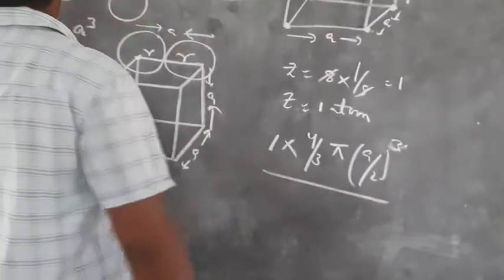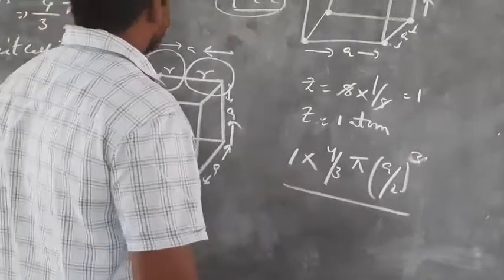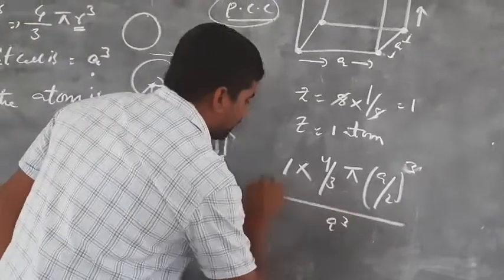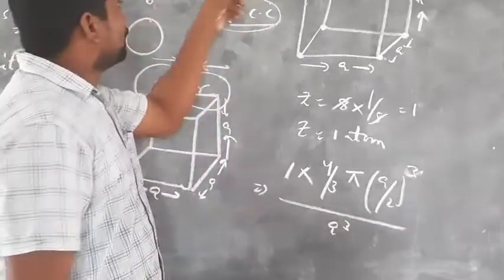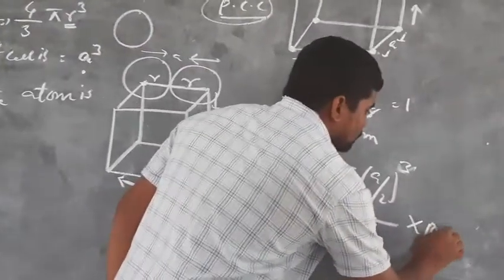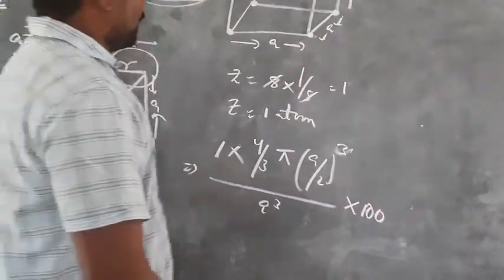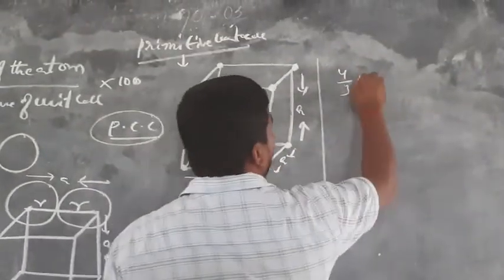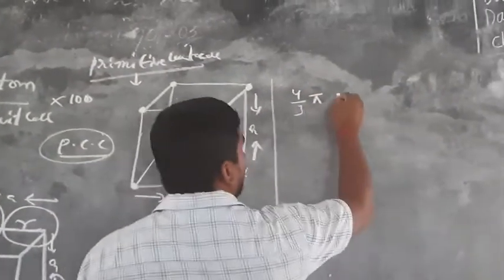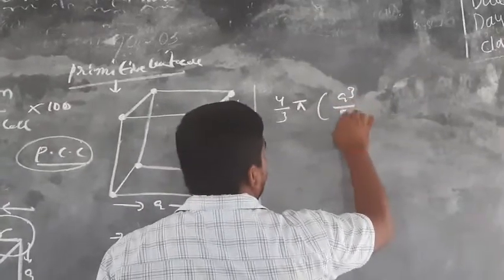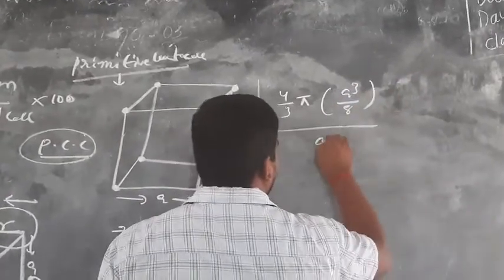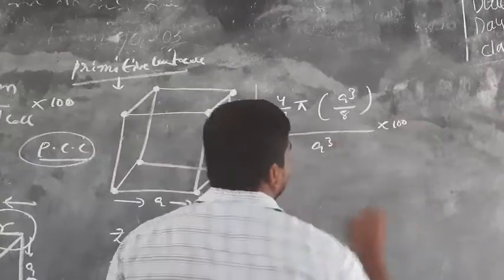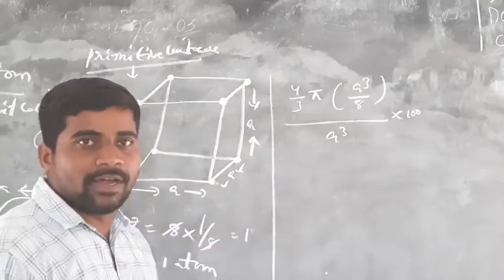And what is the total volume of the unit cell? a cube, students. Into 100. Now 4/3 pi into a cube by 8, by a cube, into 100. This is the packing efficiency of PCC.